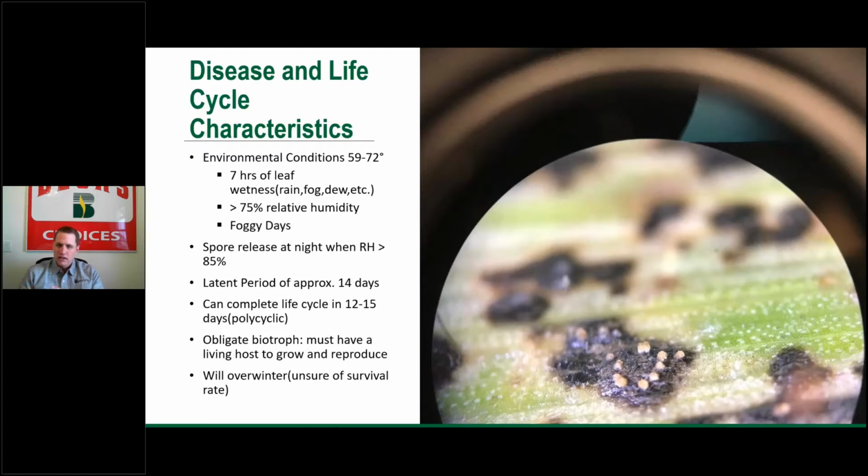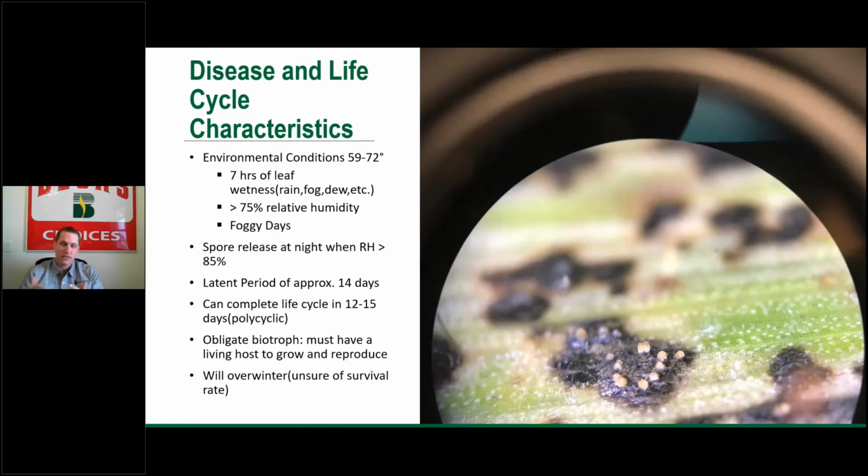So you can see there the 59 to 72 degrees, 7 hours of leaf wetness, higher humidity. If we think about our summers in Illinois, that falls right in line. So all the way from the tip of Illinois below Interstate 70 all the way up to the state line in Wisconsin, we have seen these type of environmental conditions, and we do have the spores present.